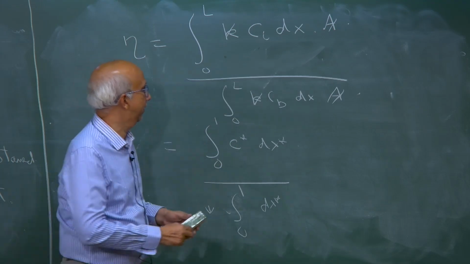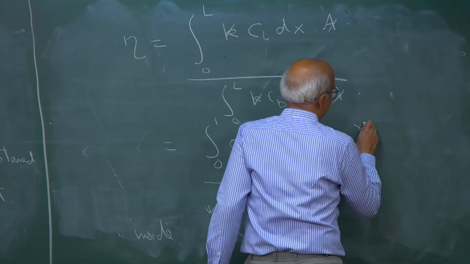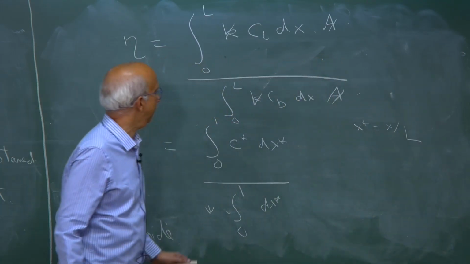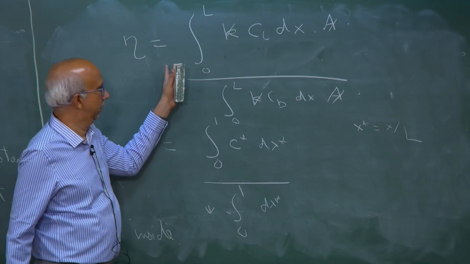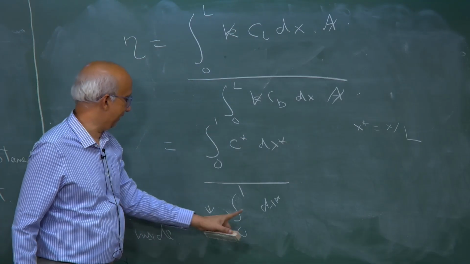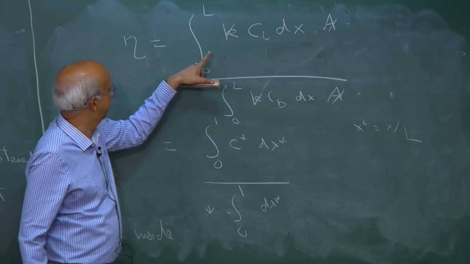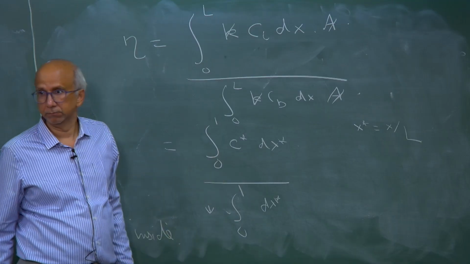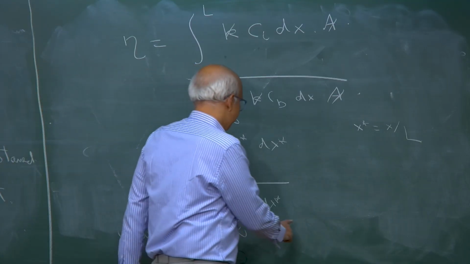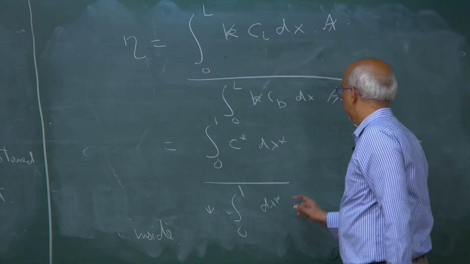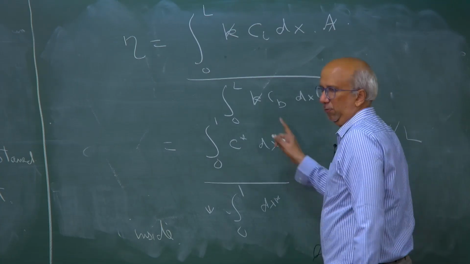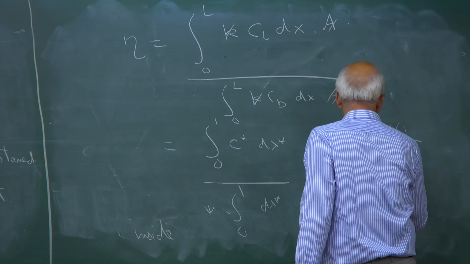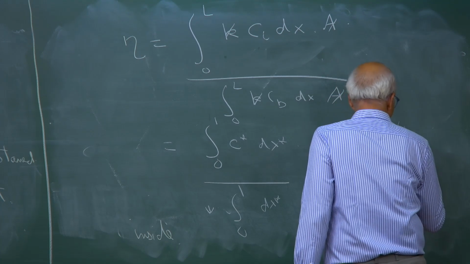So, what have I done? I am just saying x star is x by L. So, I have a 1 by L from here and a 1 by L from here that cancels off, and the limit will now be x star from 0 to 1. So, this is nothing but 1, and all I have to do, because it is a first order reaction, is integrate 0 to 1 of C star dx star.